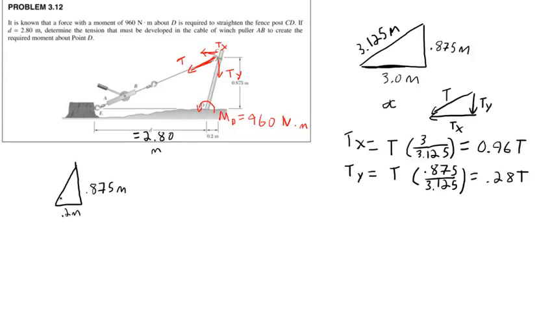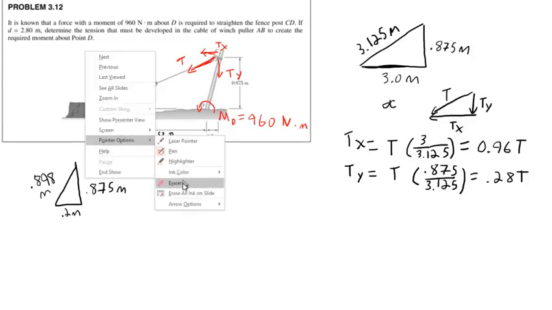And I'll again need to use the Pythagorean theorem: 0.2 squared plus 0.875 squared, and I get 0.898 meters for the hypotenuse. Although actually, you know what? I probably won't even need that. I don't know why I calculated that, but we have it if we need it, which we won't.